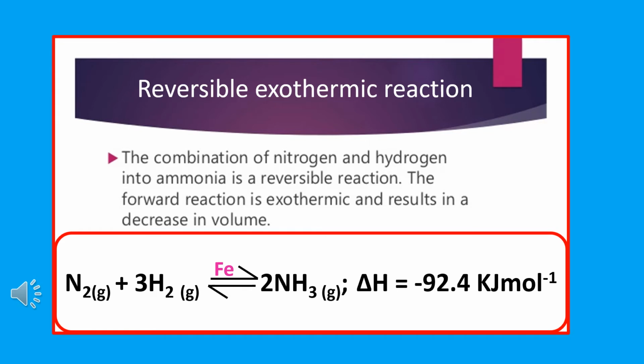Whenever there is a reversible reaction, we can apply one important principle for knowing the factors affecting this reaction. That is Le Chatelier principle. So we can apply Le Chatelier principle for the preparation of ammonia by Haber's process.